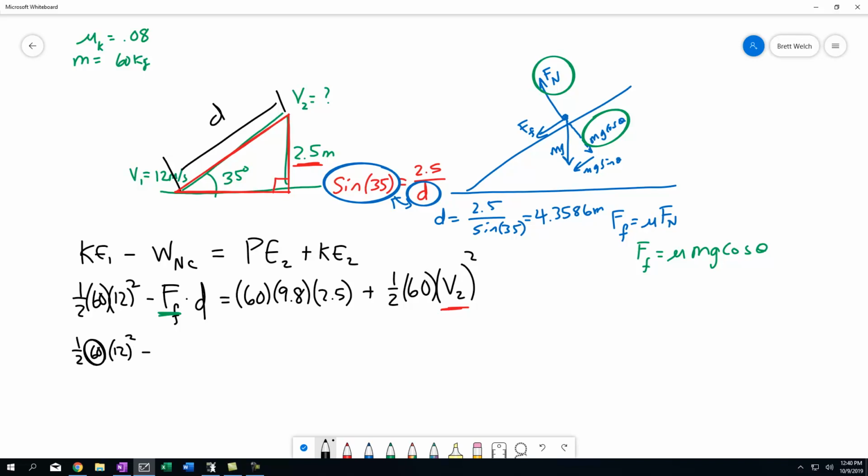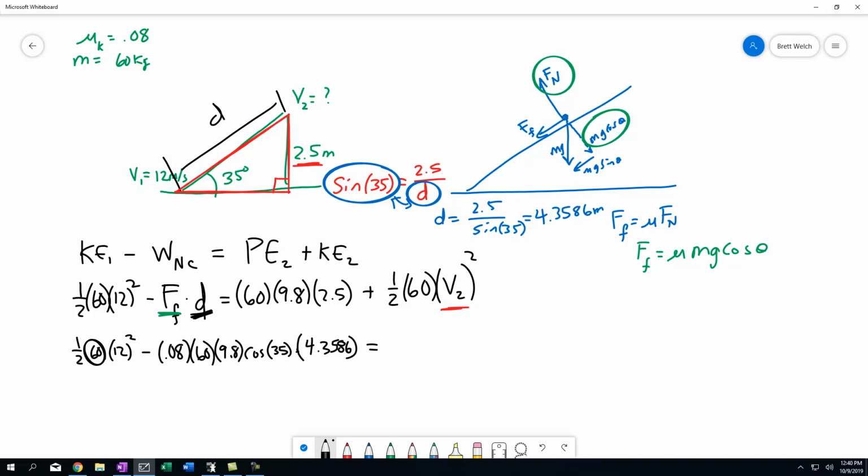So now when I come back to the original problem, I have 1/2 of 60 times 12 squared minus force of friction, which is mu, 0.08, times m, 60, times g, which is 9.8, times the cosine of the angle 35. I still need to multiply by d here, so times my 4.3586. That's all on the left side.